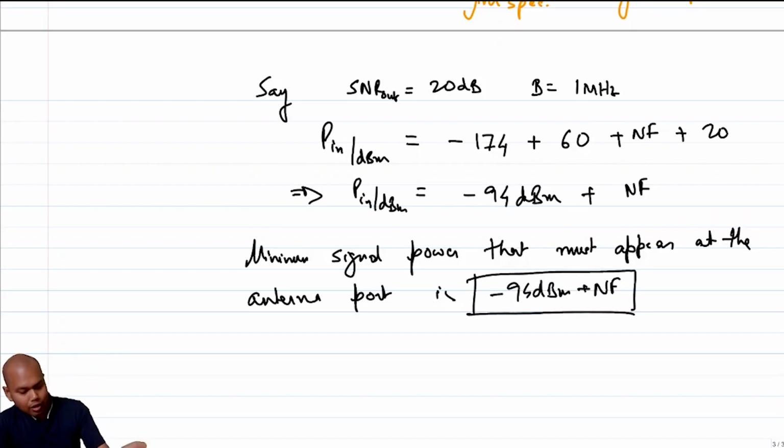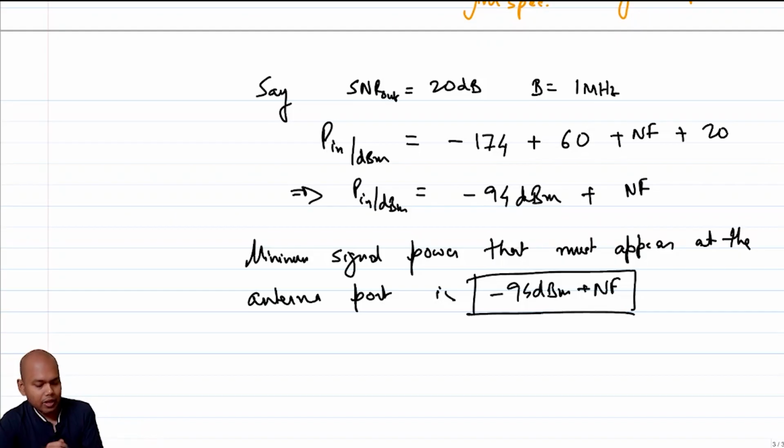Now, if somebody tells me that my base station is so far away that the minimum power I can give you is minus 100 dBm, but I want to ensure that this specification is satisfied, what will your answer be? You can say that I cannot make anything with negative noise figure, right?